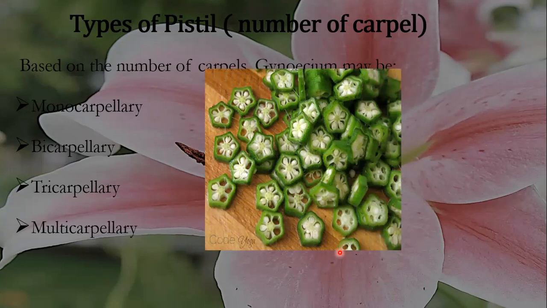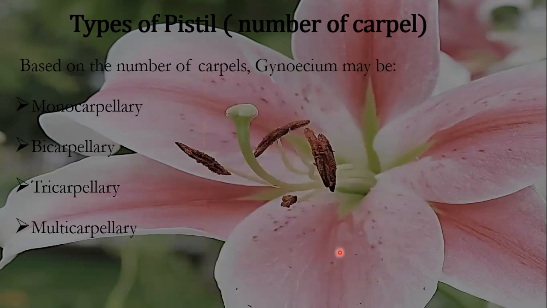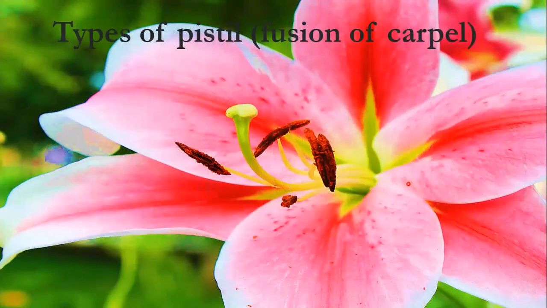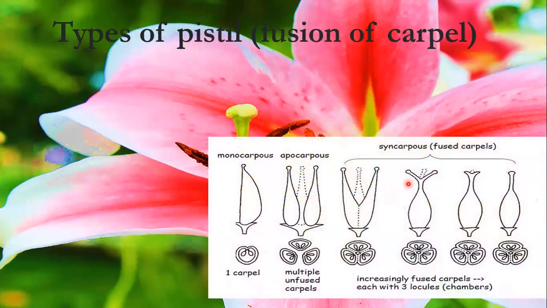These are the types of pistil based on the number of carpels. What are carpels or pistils? They are the units of the gynoecium. The next type of pistil: if the pistils are more than one, they may be fused or they may be free. On that basis, if they are fused to each other, we call it syncarpous.